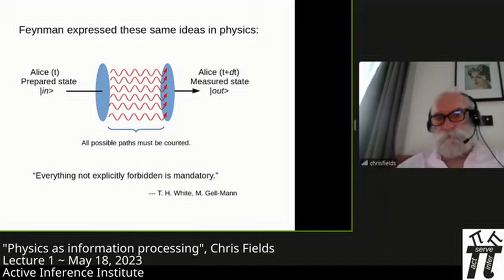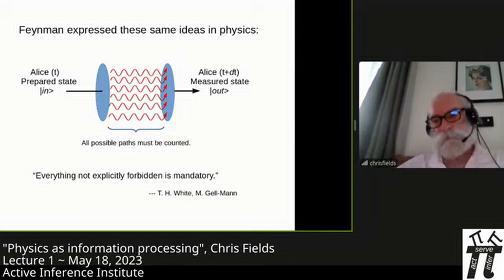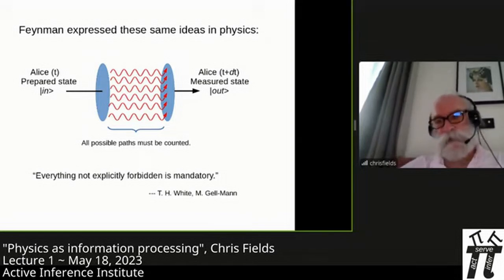In particular, they preserve momentum and angular momentum, and other things that are harder to measure and are only approximately conserved anyway, like lepton number. But Feynman's contribution to this way of thinking about experiments was to say, look, if you want to understand the output, you have to sum over all of the possible processes that could have produced the output from the input, no matter how improbable they are. The famous idea from Feynman diagrams is that if you have an electron that's scattering off an atom, you measure the initial state of the electron that you've generated with an accelerator or something, and you measure the final state, which involves momentum and spin and so forth.